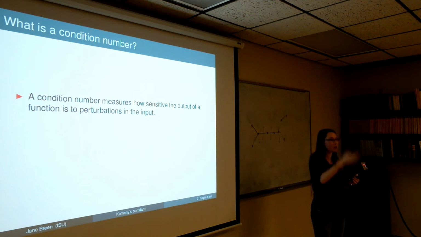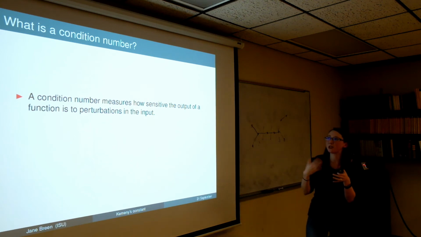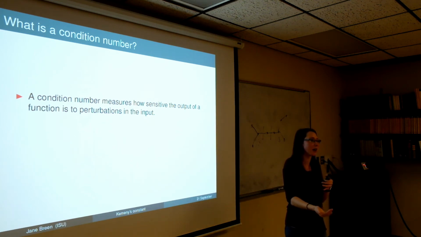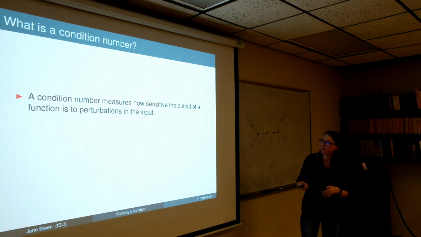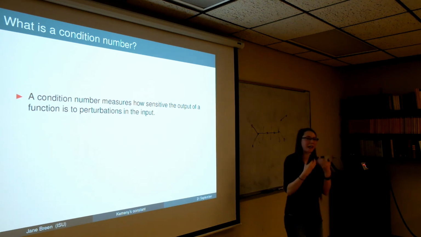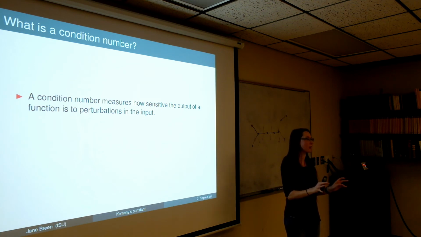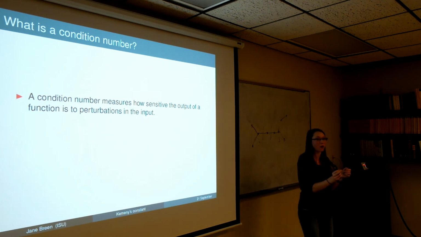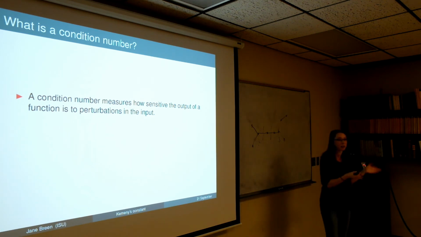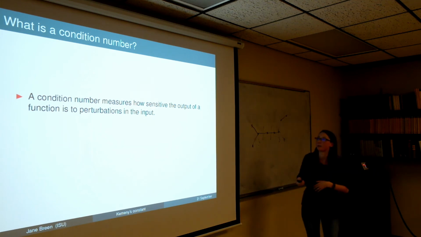Either I've had to truncate some of the data so that I've got fewer decimal places than I should, or maybe I'm just estimating from data and it's not really the true value in the population. So I want to know, if I'm calculating it for this thing that's off by a little bit, how badly is my Kemeny's constant going to be affected? If a small error here causes a big error in Kemeny's constant, then that's bad, and I need to know how much that's going to happen.